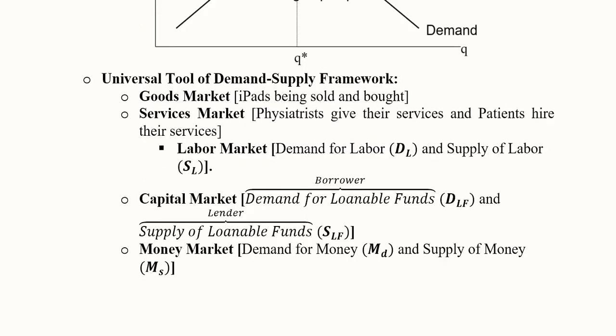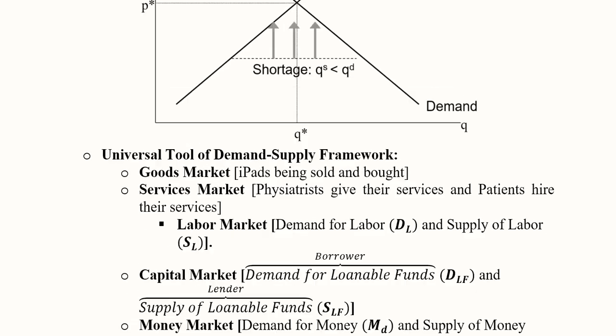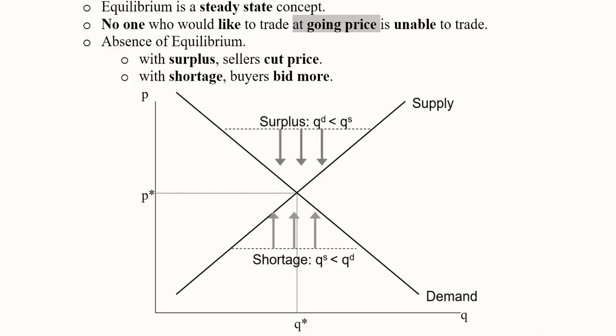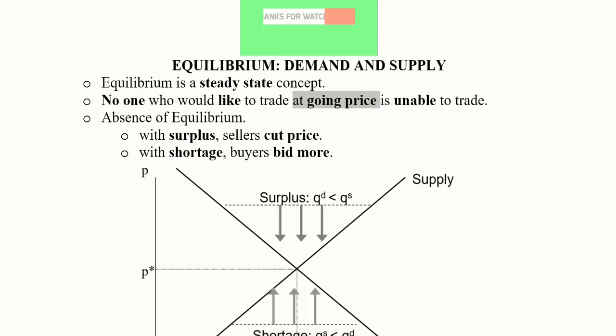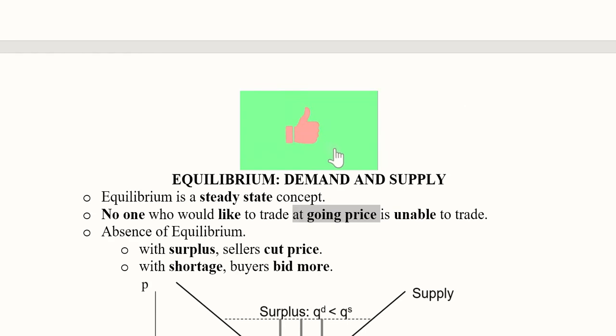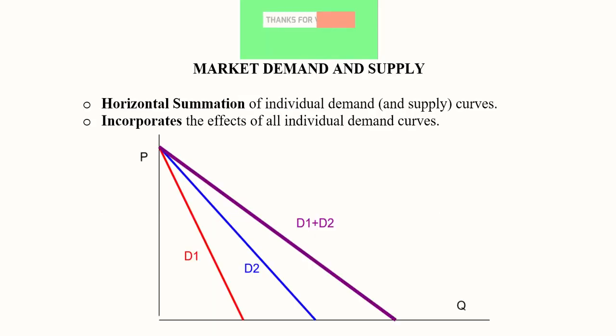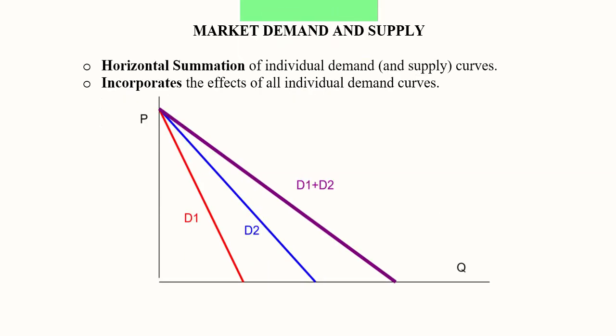So this is how the universal tools of demand and supply can interact to give us a certain point that will guide us about the market price and market output, which is an important situation to know in a certain market. The types of the markets are also explained. The market demand curve is also plotted here.